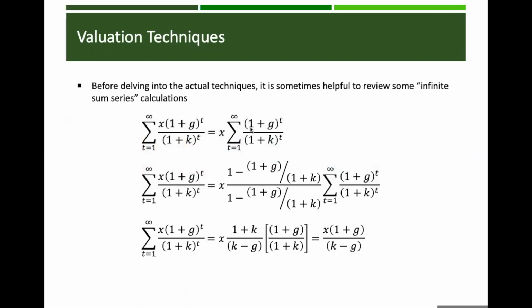If the ratio of (1 + g) over (1 + k) is greater than 1, this will explode. It has no limit. It's unbounded. It goes on to infinity. So it only works if g is less than k.